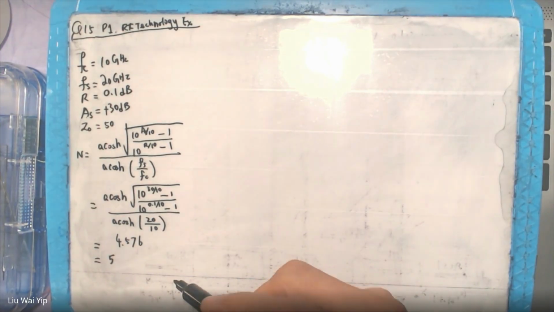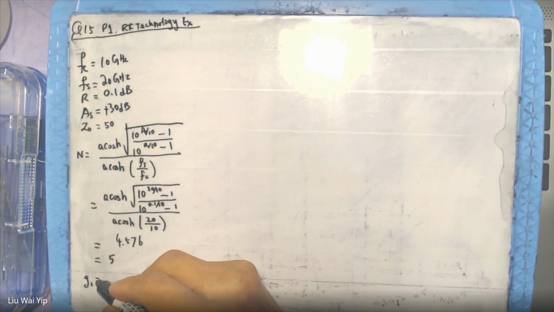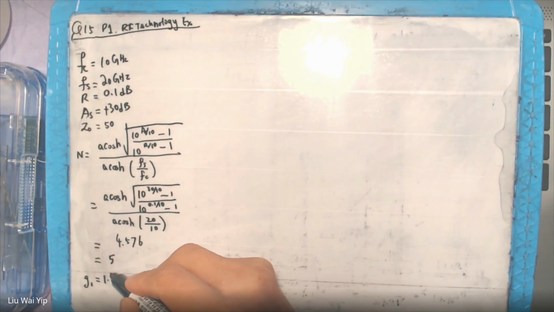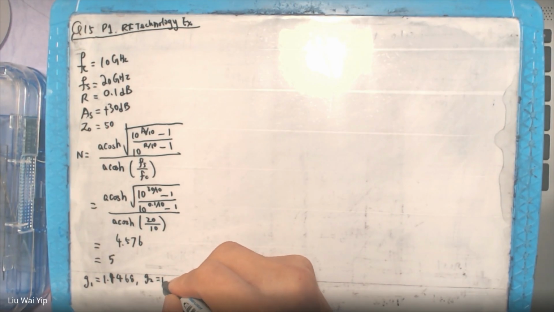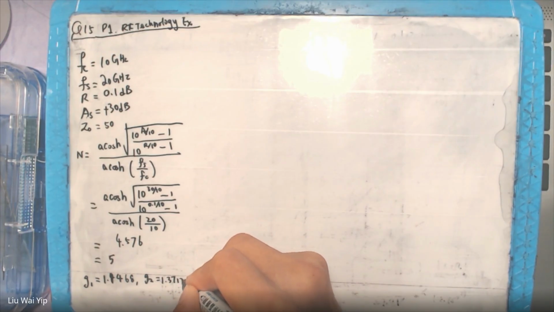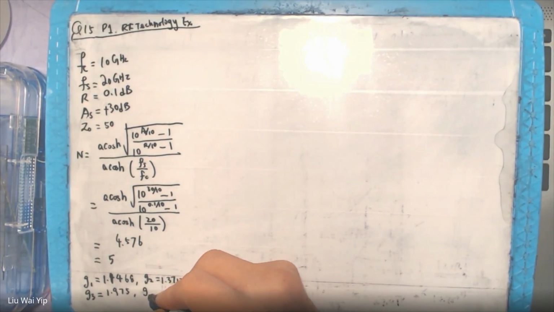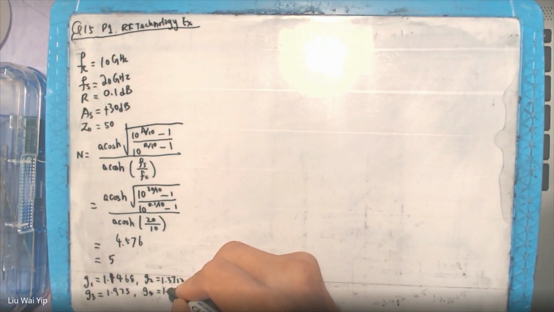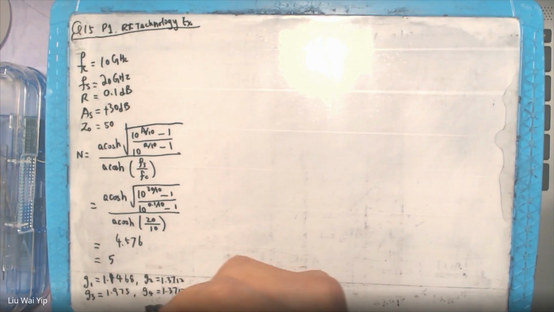According to the table, what I found was G1 is equal to 1.1468, G2 is equal to 1.3712, G3 is equal to 1.975, and G4 is equal to 1.3712, and then G5 is the same as G1.